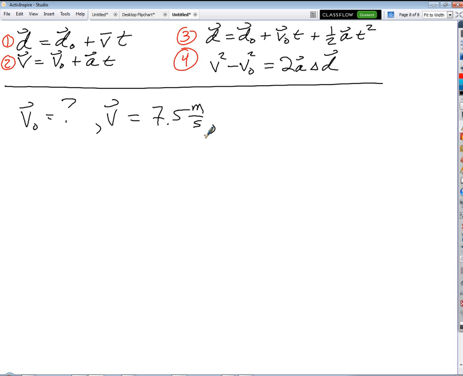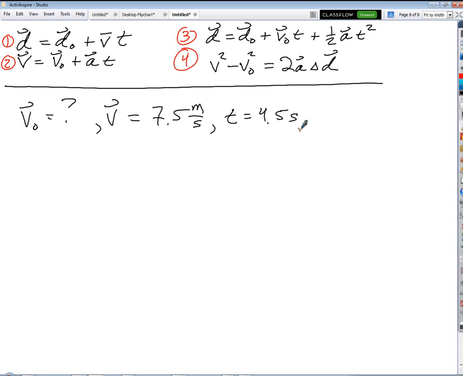Okay. Something else, TJ, that we know? We know that it speeds up to this in 4.5 seconds. Okay, so we know t equals 4.5 seconds. Something else? It travels 19 meters. Okay, so tell me a way to say that.